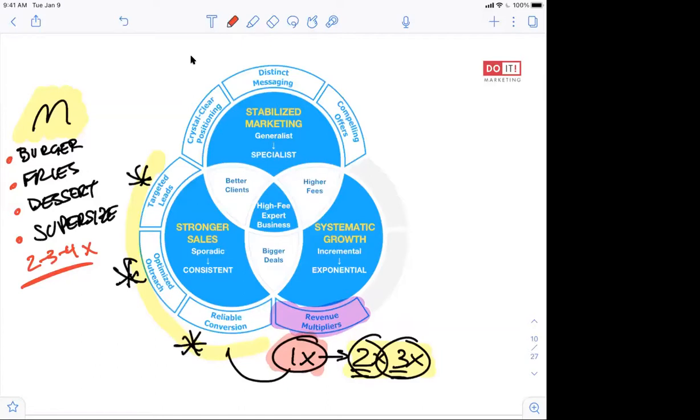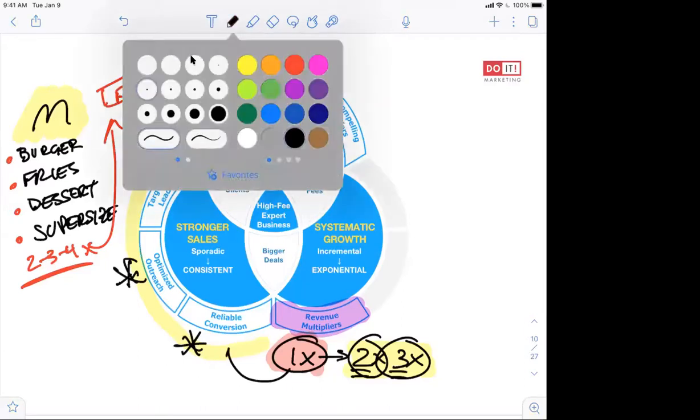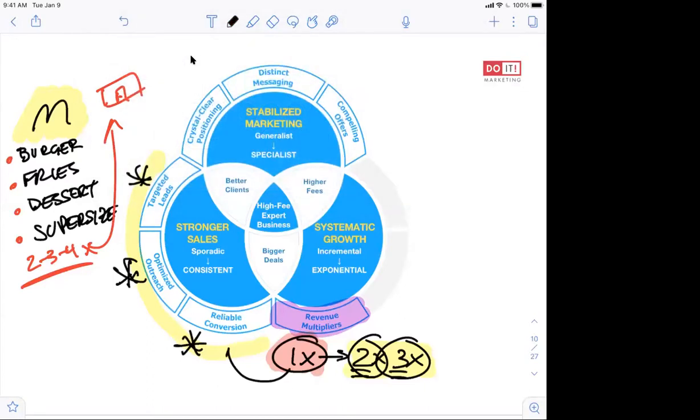I'm talking about on a single visit in the door. How are you able to multiply the value of that first visit with upselling, cross-selling, and making sure that they are aware of everything else that is on your menu, so that in short order, that first sale becomes sale number 2 and sale number 3.